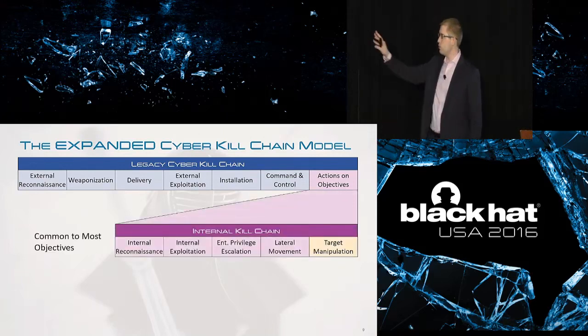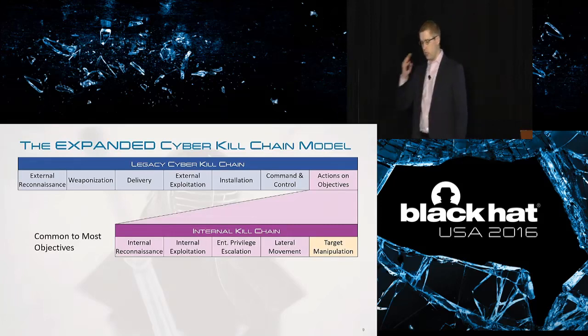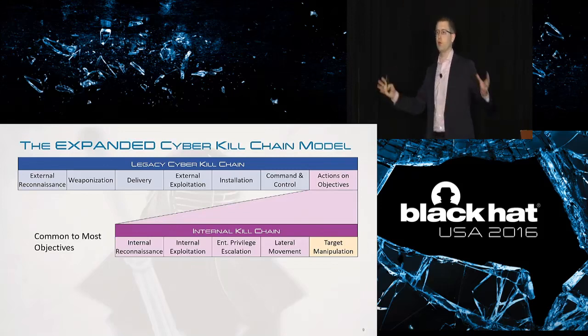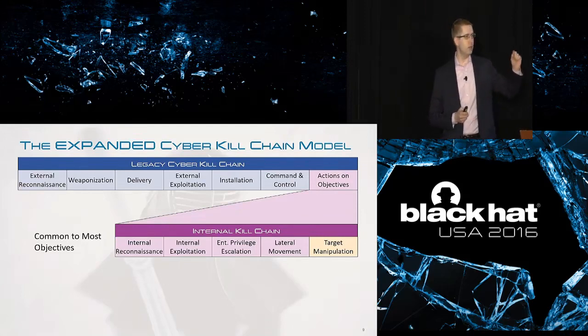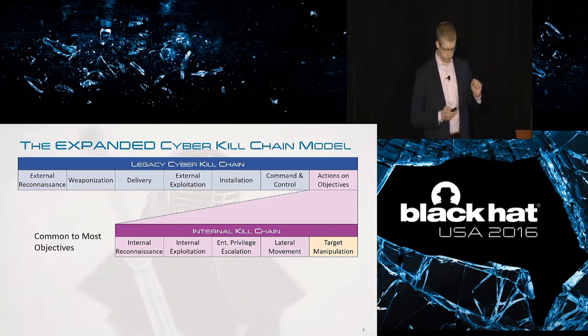So first, we explode this out into the internal kill chain, as the adversary goes through internal reconnaissance, internal exploitation, enterprise privilege escalation, so not on a single system, but really escalating privileges in the enterprise overall, going through the steps for lateral movement, and then finally gaining the ability to manipulate the target.